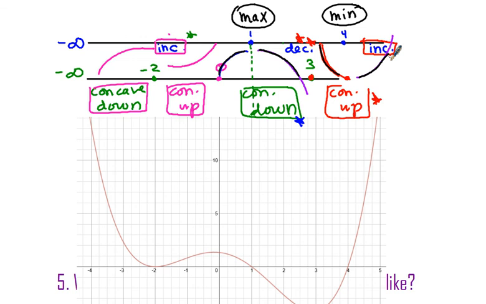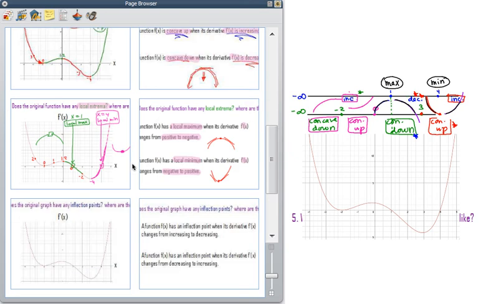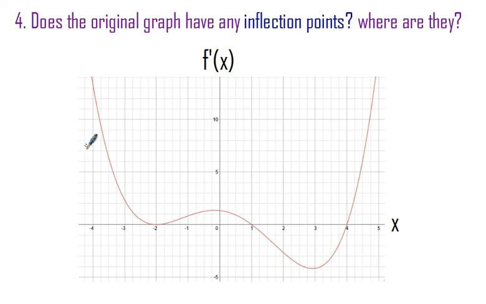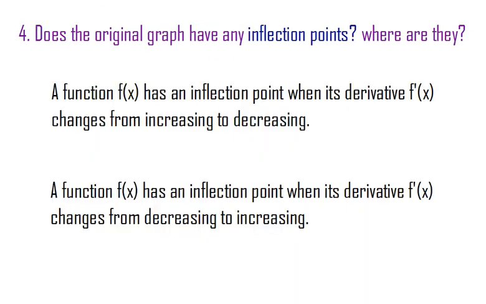And we could make a fairly accurate sketch of the graph as is, but if we want to be super accurate, we have to go one step further and find out where the inflection points are. So let's do that. And it occurs to me I forgot to hide things on this screen.